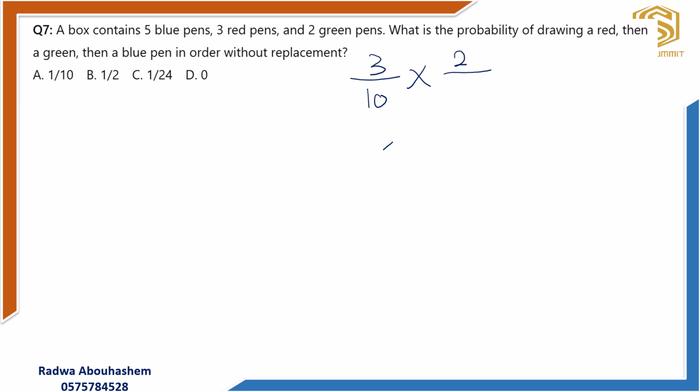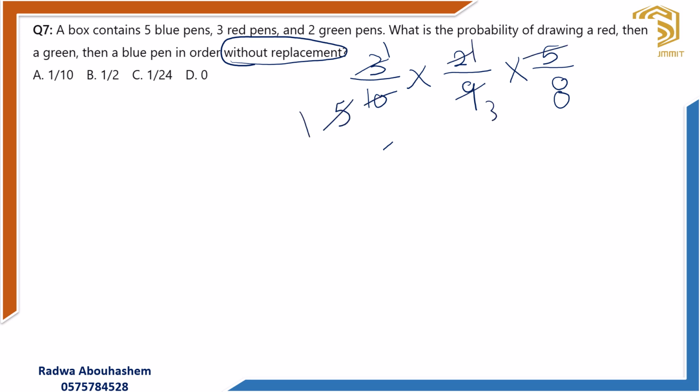Green is 2 out of, actually, we took one of the pens, so I'm left with 9. Then I have the blue, 5 over, I took 2 pens, so I'm left with 8. So 5 over 8. See this word, without replacement. Let me simplify here: 3 and 9 simplify to 1 over 3, and 5 over 5 is 1. So it's 1 over 3 times 8, which gives me 1 over 24.